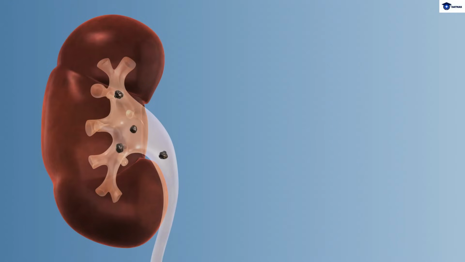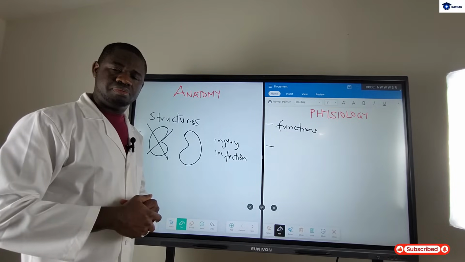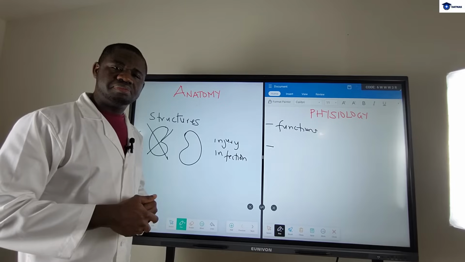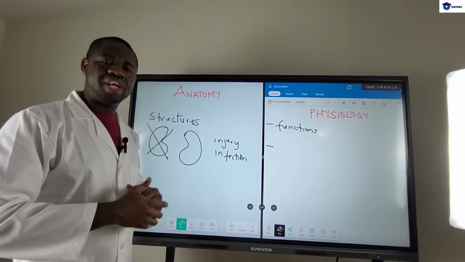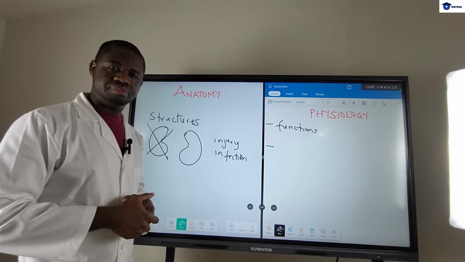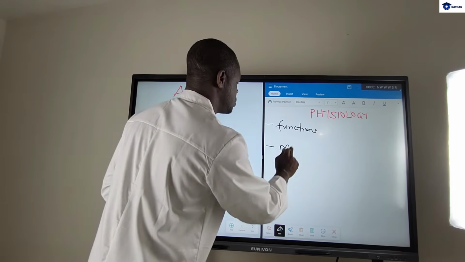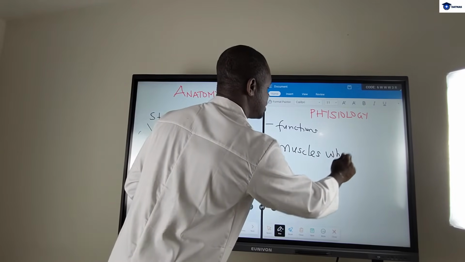Physiology can affect anatomy. If you fail to use a particular organ, it will affect the structure of that organ. For example, the muscles, which contract.